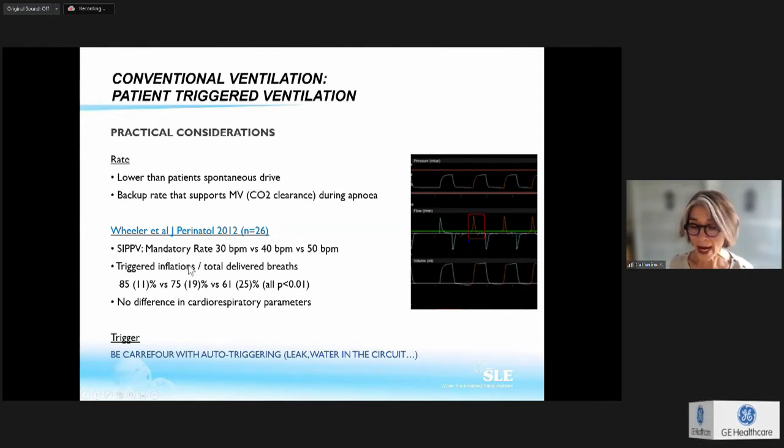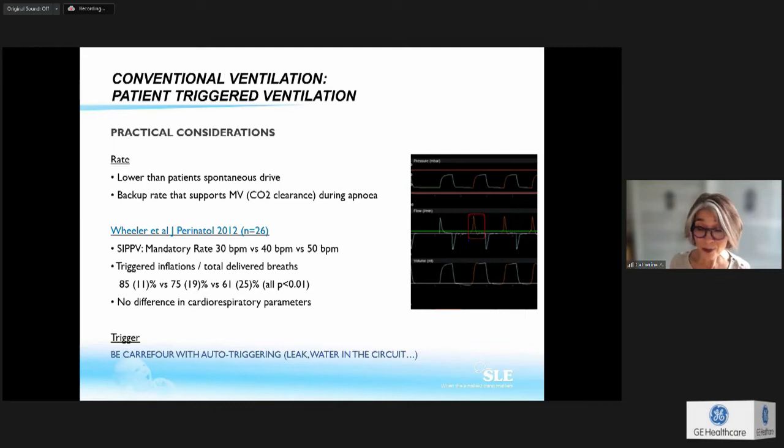Don't set too high a frequency, because we have a study showing that when we set a very high rate, 50 breaths per minute for example, compared to 40 or 30 breaths per minute, we see a decrease of the spontaneous breathing of the patient. The patient will just rely on the ventilator and make less effort. And for us, it's very important to maintain the spontaneous breathing of the baby.